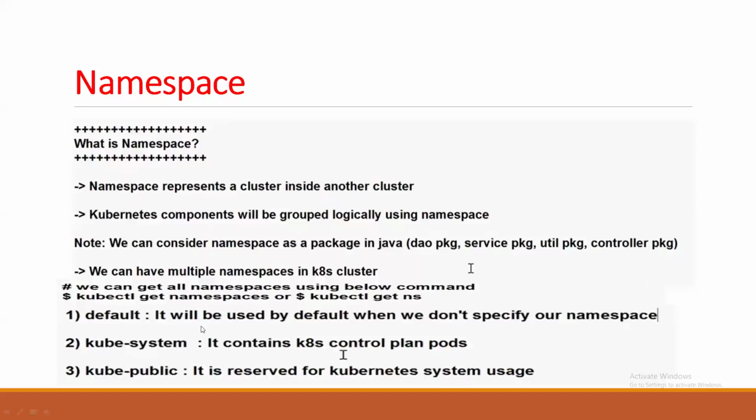So with kubectl get namespaces or kubectl get ns, the default namespace will be used by default when we don't specify our own. kube-system is one of the namespaces, and it contains the Kubernetes control plane pods. kube-public is reserved for Kubernetes system usage.